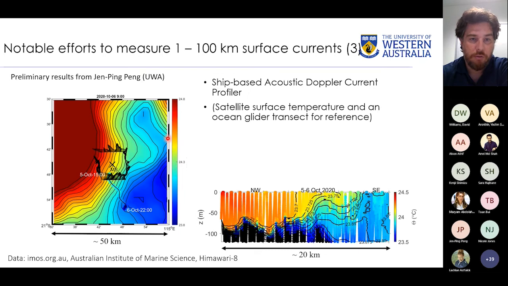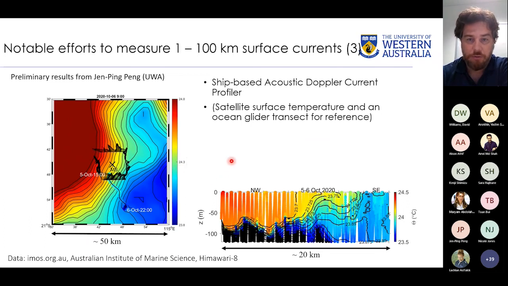What you're seeing here is a 50-kilometre region of ocean around one of the IMOS moorings, with sea surface temperature overlaid. You're seeing this front across here, and AIMS drove in this 10-kilometre by 10-kilometre box roughly around the mooring that also happened to coincide with this front, and we're starting to see some of the finer variations in the surface currents even as you move across this front.